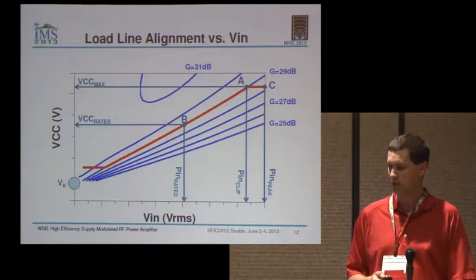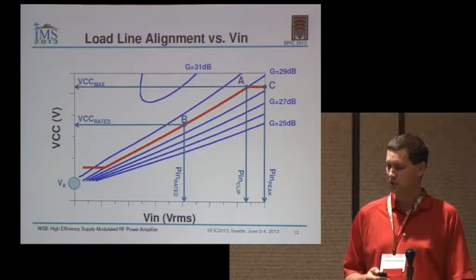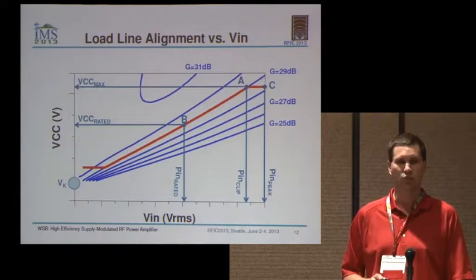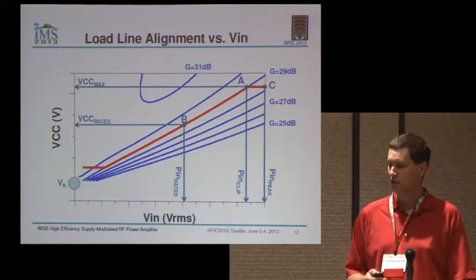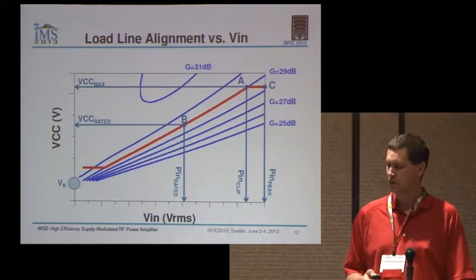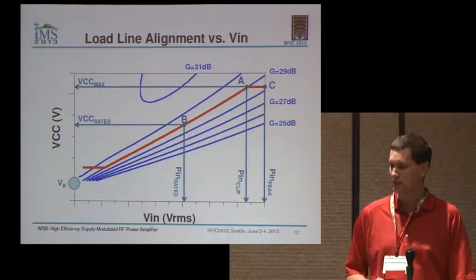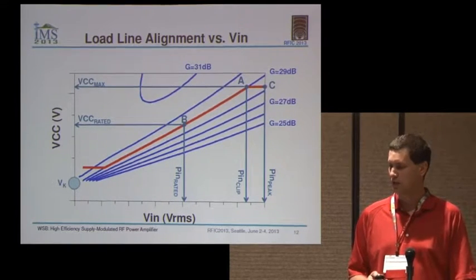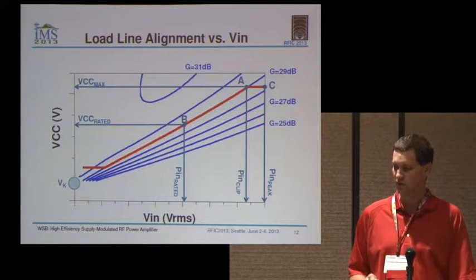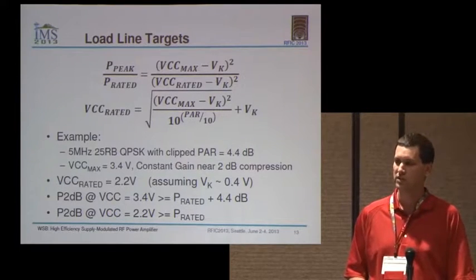The red plot is the lookup table of constant gain. In this case, it's drawn for a gain of 29 dB with the clipping on the min and max VCC applied, and we can use this to set up our load line targets by using the load line theory between points A and B. If we want to set our point B to be a certain peak to average ratio below point A, we can simply use a 20 log square approximation on VCC to come up with our VCC rated as compared to the VCC max.